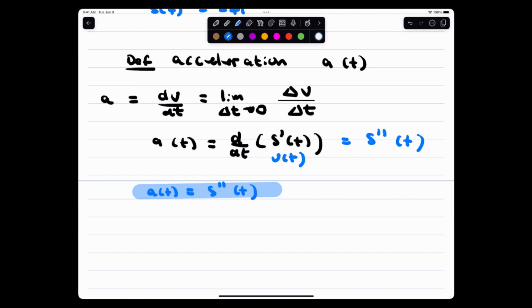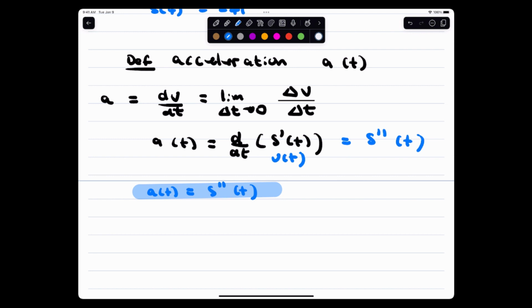Now, your acceleration could be positive, it could be negative, it could be also what? Zero. You can have zero acceleration. And in fact, you're sitting right now, and I hate to say this to you guys, you are feeling zero acceleration at the moment. That's when your velocity is constant.